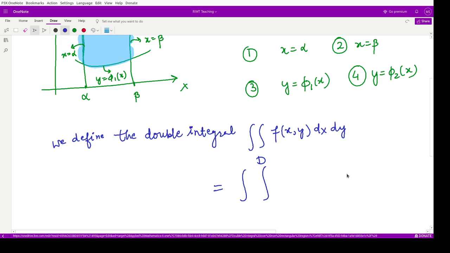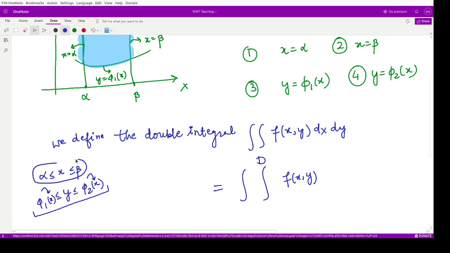So here, if your function is f of x, y, your limits are x lying between alpha and beta and y lying between phi1 of x and phi2 of x. Between these limits, we should first compute the y integral, because it has some value of x, and then we compute the x integral, because at the end we want the final answer to be a number.